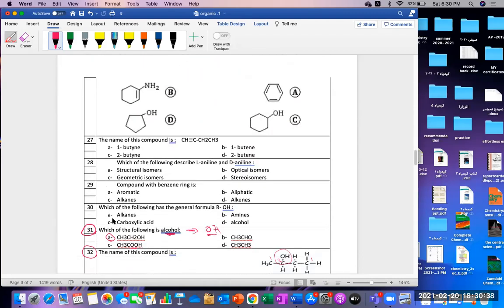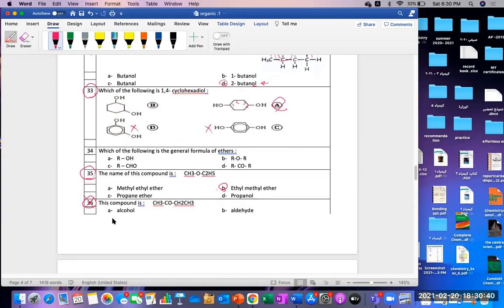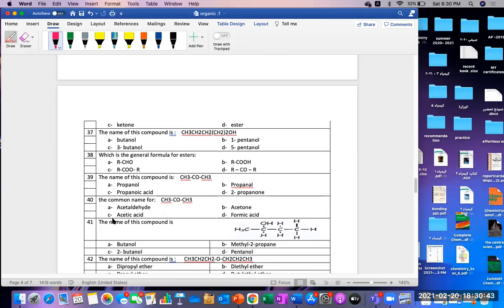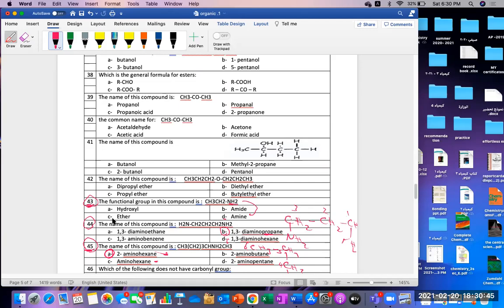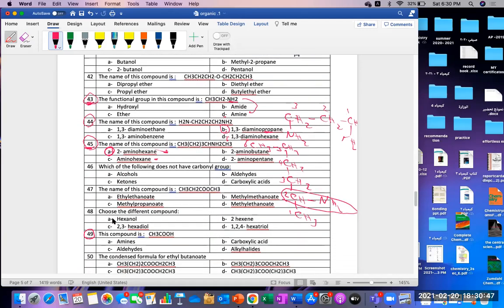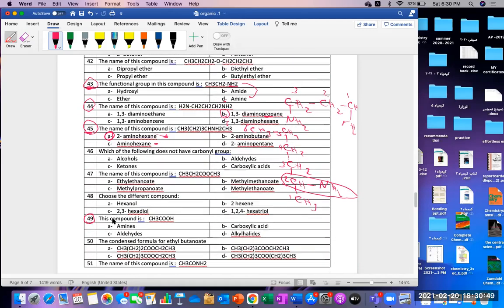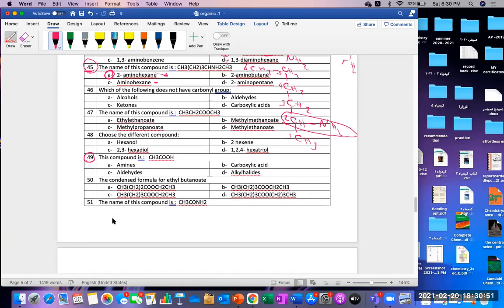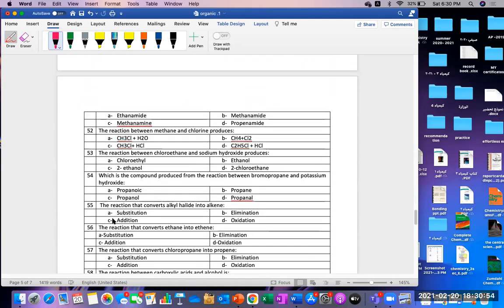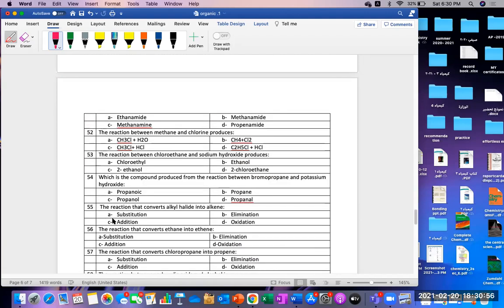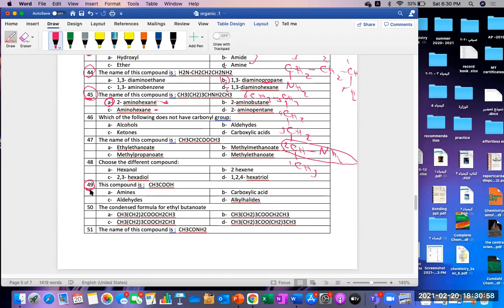No, actually we have only this one, 49, and this one is a very simple one. This compound is CH3-COOH. Okay, of course you have here COOH, it's a carboxyl group, so it means this one is a carboxylic acid.